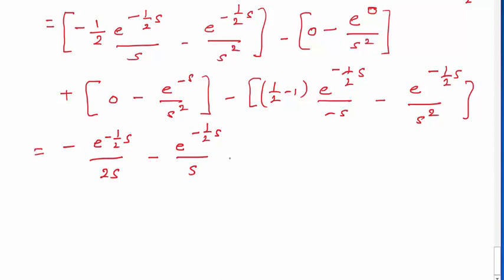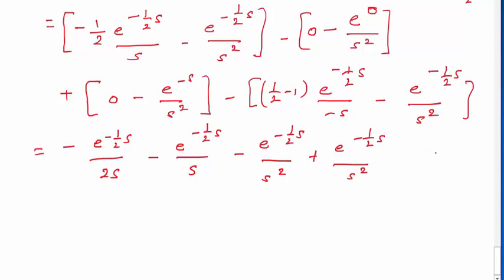Then I have e raised to minus half s upon s square. Then we have this third term e raised to minus half, so again it is minus, but it is e raised to minus s, so this last term minus minus plus e raised to minus half s upon s square.